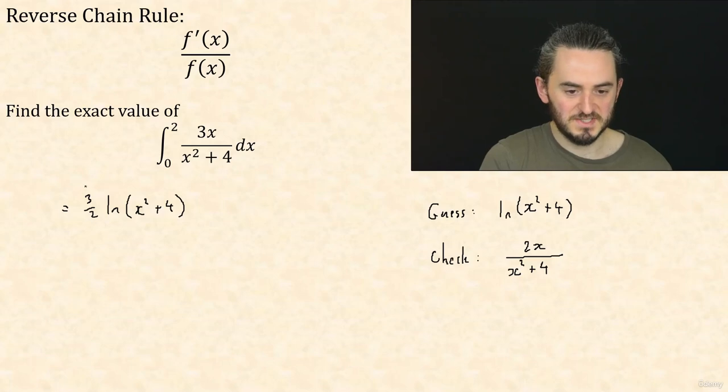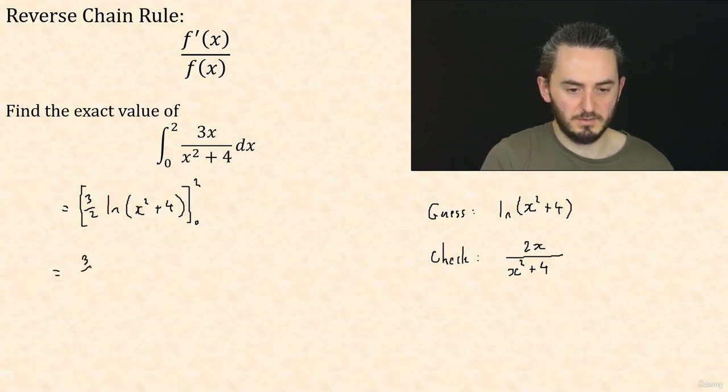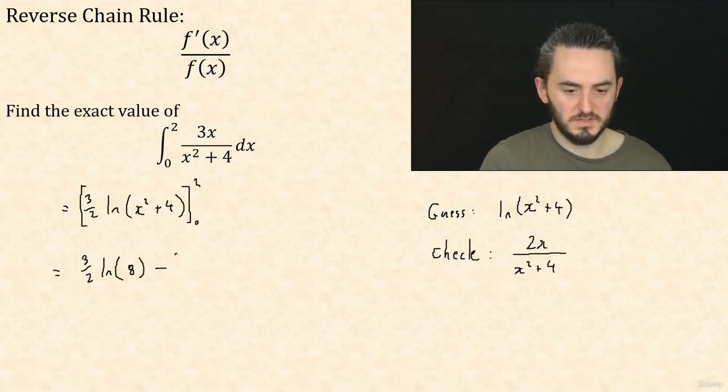Okay, not plus c because it's a definite integral, so that is what I'm going to be subbing 0 and 2 into. So I'll sub in 2 first, and we get 3 over 2 ln of 2 squared plus 4, well that's 4 plus 4 is 8, minus 3 over 2 ln, and then we've got 0 squared plus 4, which is just 4.